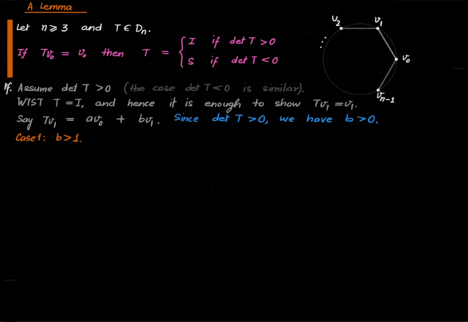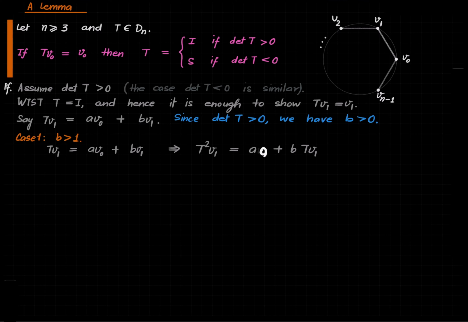So we have TV1 is equal to AV0 plus BV1, which implies T square V1 is AV0 plus B TV1. So what am I doing? I'm applying T on both sides.